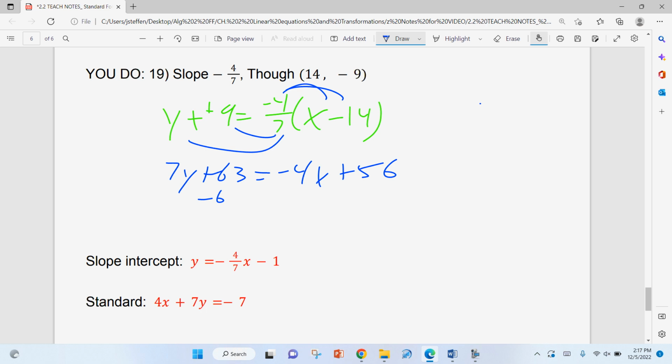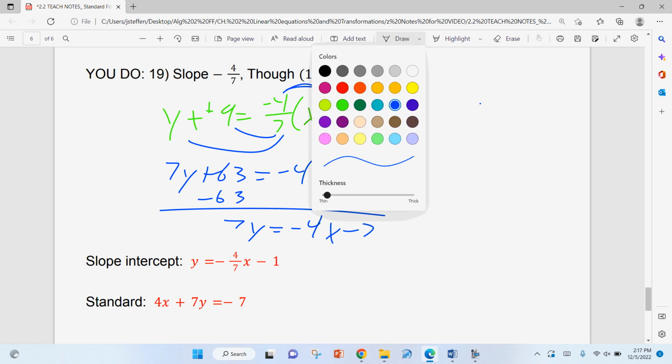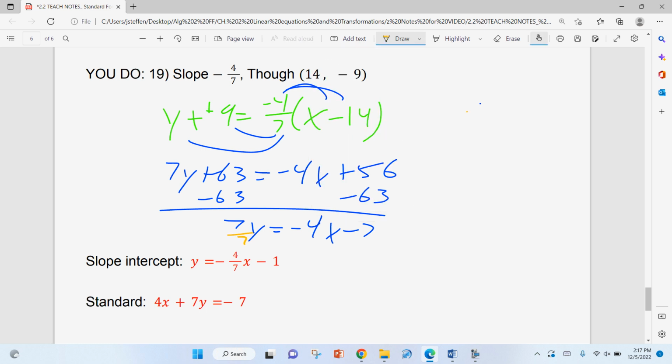Again, this is where I guess you're going to do this in either step. Subtract the 63. So we have 7y is equal to negative 4x. 56 minus 63 is negative 7. And this is where, for slope-intercept form, you go ahead and divide everything by 7. So you get this. In standard form, all you do is you have the 7y is equal to negative 4 over 7x plus 1. We add the 4 over 7x to both sides.